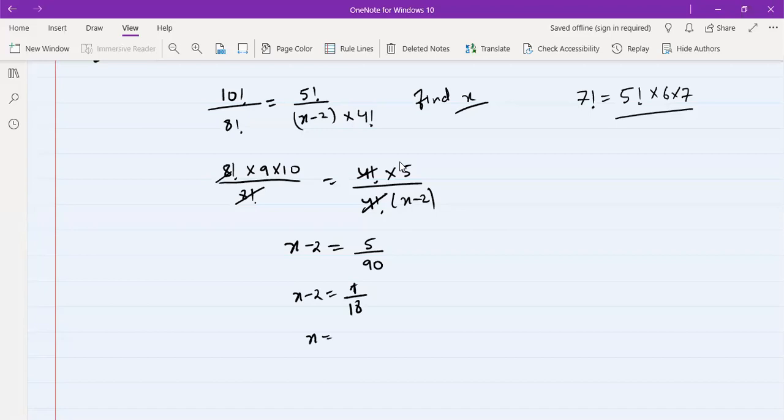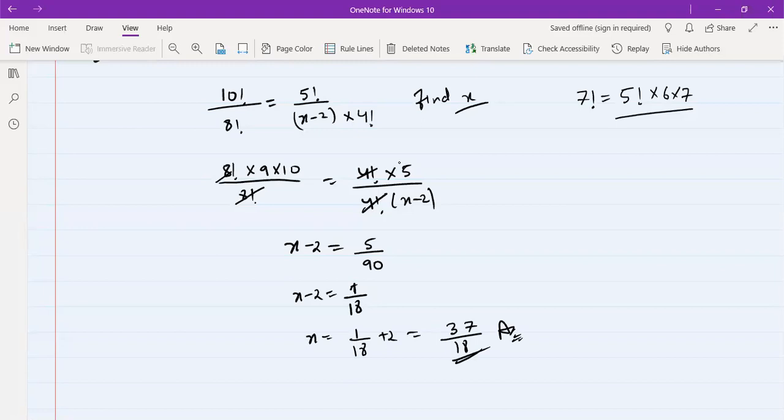So x will be equal to 1 by 18 plus 2, which is basically 37 by 18. So this is the correct answer. Okay, everyone? Tell me yes or no. Yes, 37 by 18 or 185 by 90 is also a correct answer.